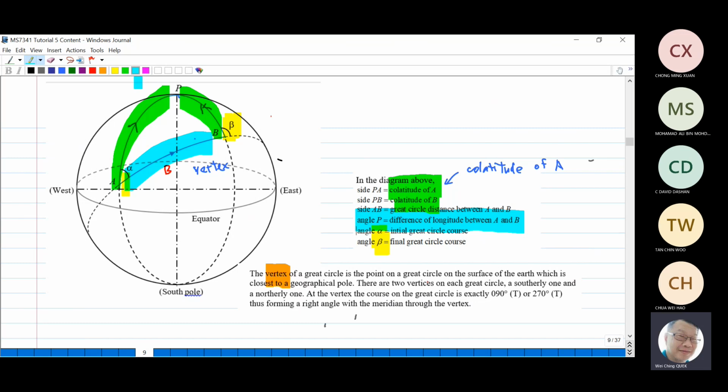So if you draw carefully, the nearest point to the pole may be in this way, 90 degrees. So this line is called vertex here. This is the nearest point from the track to the pole. It's called a vertex here.